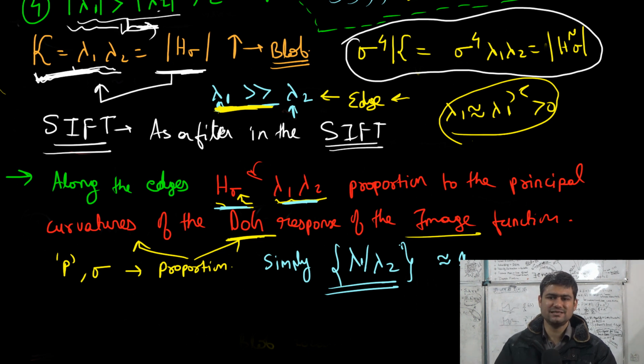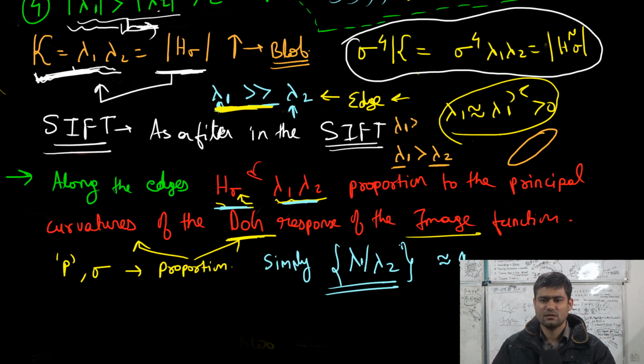Furthermore, if the blob is ellipsoidal, then lambda 1 would be significantly greater than lambda 2, but not by a huge factor. So if lambda 1 is larger than lambda 2, then this perhaps indicates an ellipsoidal blob in the image. But if this is significantly large, like maybe lambda 1 is equal to 100 times lambda 2, it means that the feature roughly looks like an edge in an image.